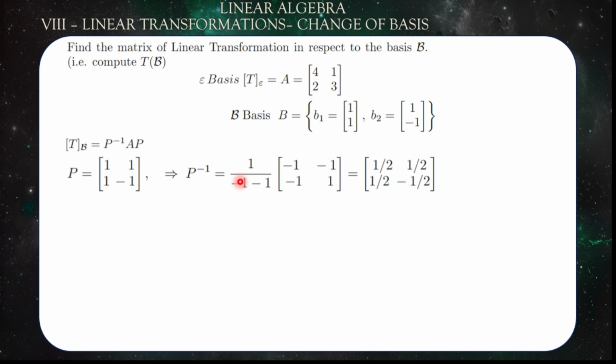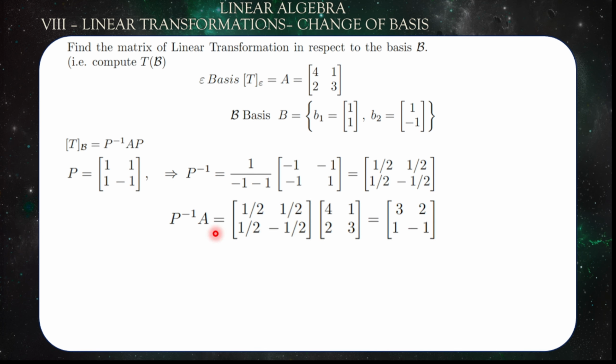P minus 1 is equal to 1 over the determinant of P, which is minus 2, multiplied by the matrix where we swap 1 and minus 1 and multiply the other diagonal by minus 1. This is equal to 1 divided by minus 2 times that matrix, so 1/2, 1/2, 1/2, minus 1/2.